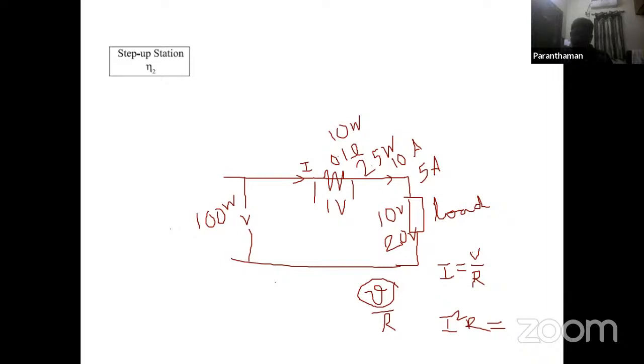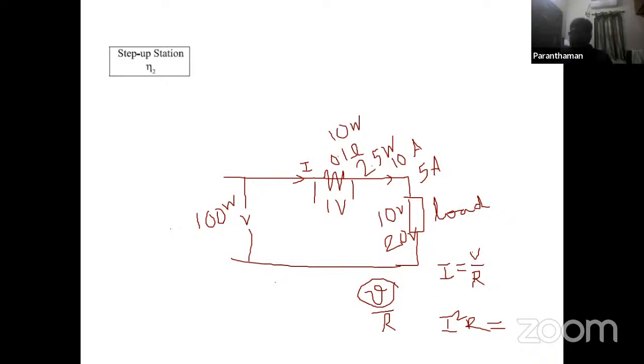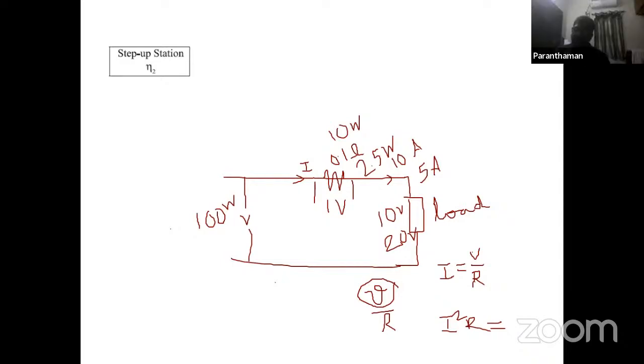Forget about auxiliary consumption and all. That is transmission loss, sir. No, the very first loss, after generation, at the terminals of a generator.